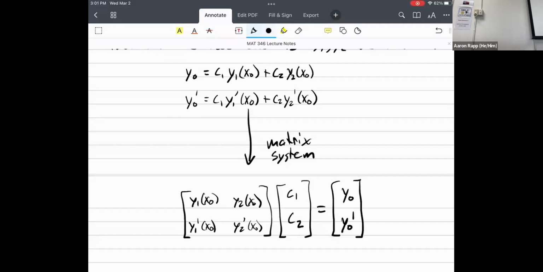To guarantee that this system has a unique solution, what was the fact that I need about this matrix? It deals with the determinant. Yeah, the determinant can't be equal to 0. If the determinant is non-zero, it's going to have a unique solution, because I know that matrix will be invertible. And if it's invertible, I can multiply by the inverse and get the one and only one vector for the constants.